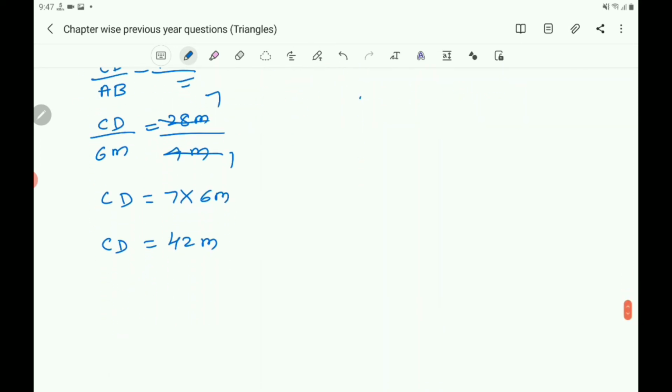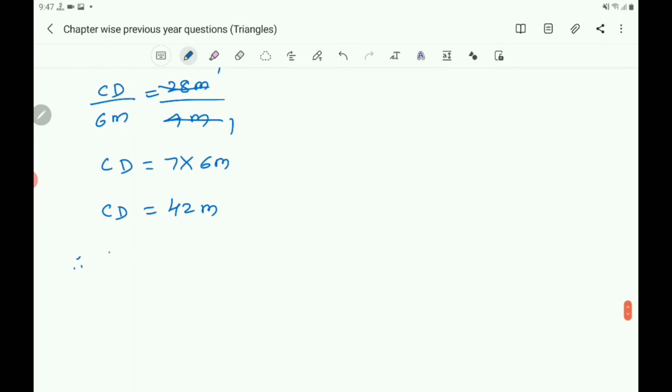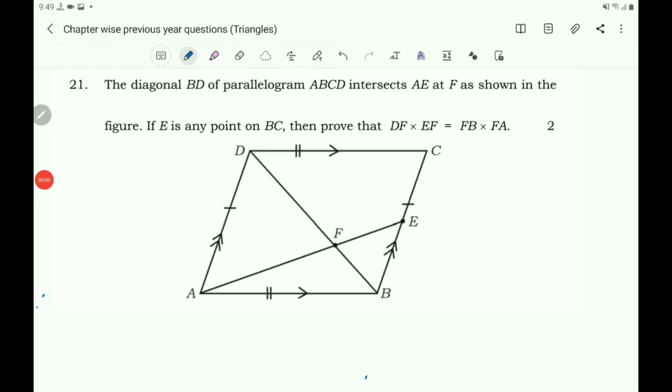Therefore, write that the height of the tower is 42 meter.